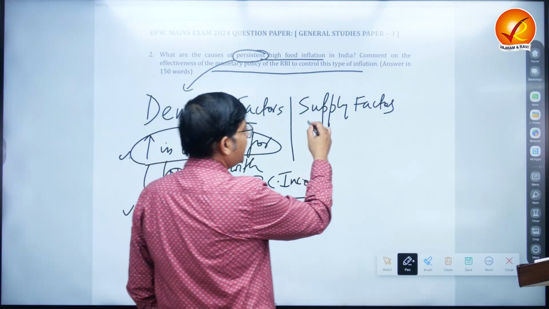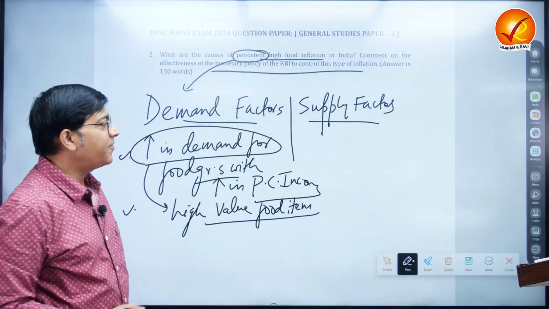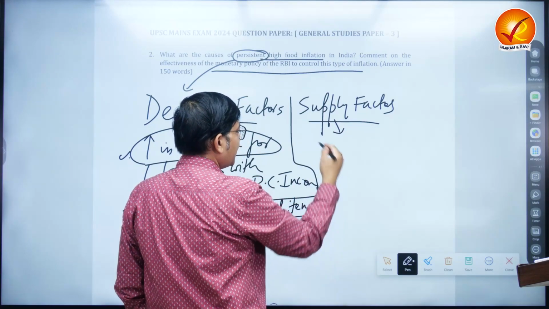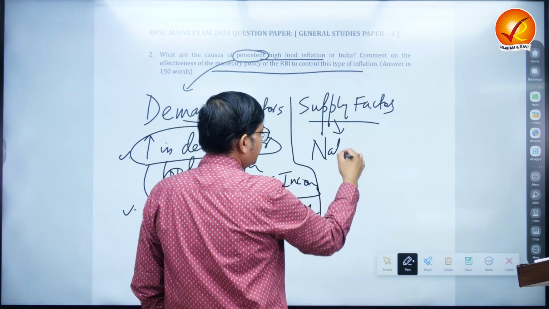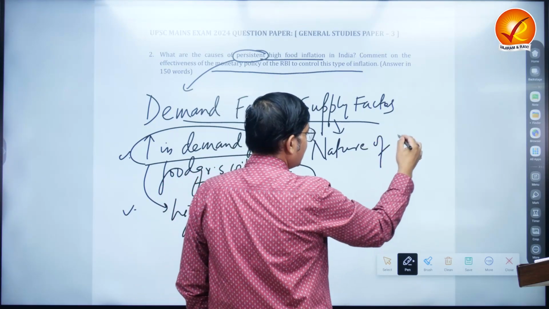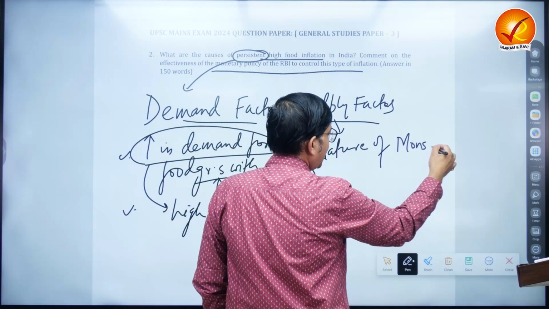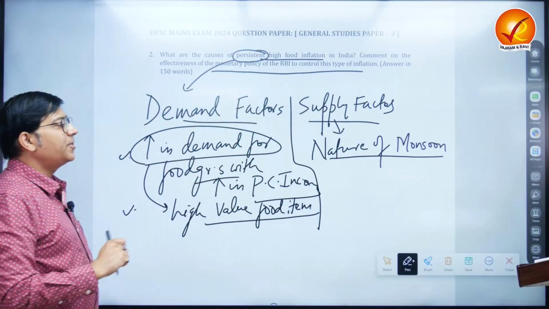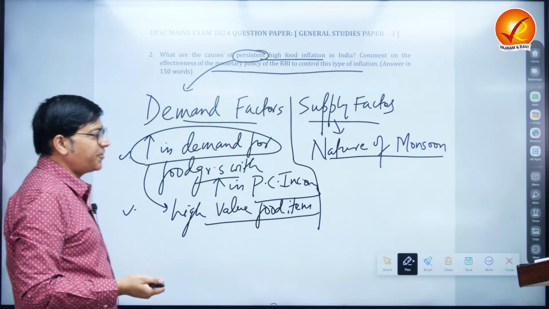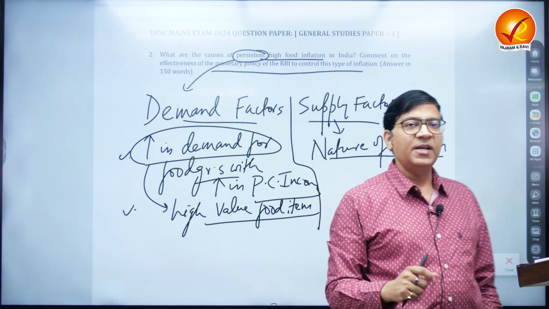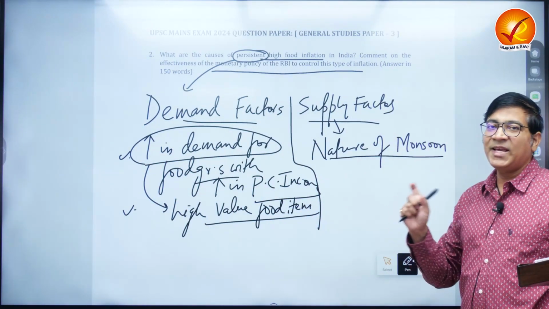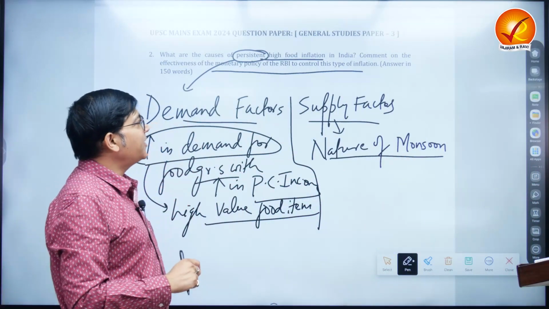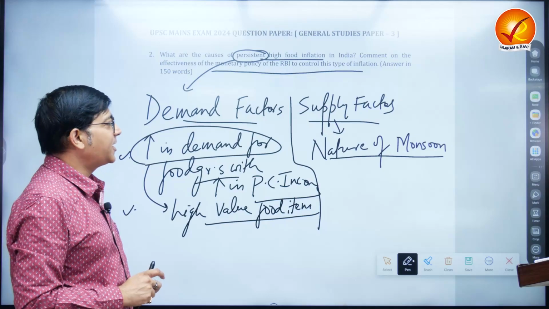But agriculture is often driven more by the supply factors, and within supply factors mainly on the nature of monsoon. Indian agriculture is still fundamentally monsoon dependent, and you can quote a number of figures if you wish from the geography classes on the area under irrigation, etc. But try to be brief, because in 150 words again you have to answer two parts of that.